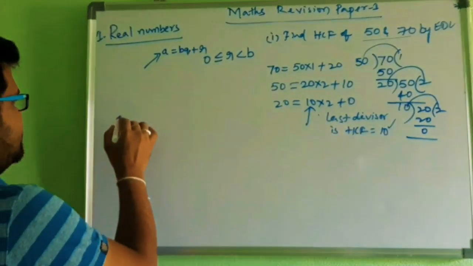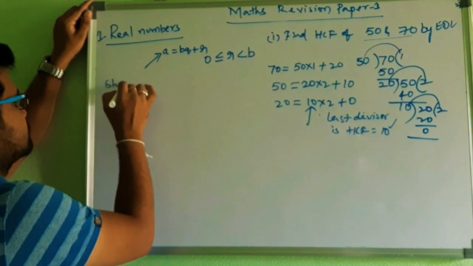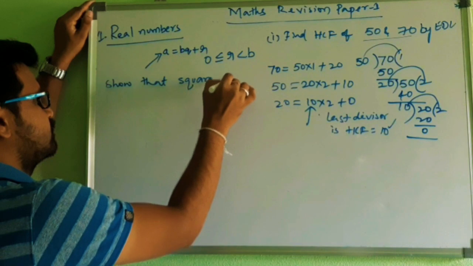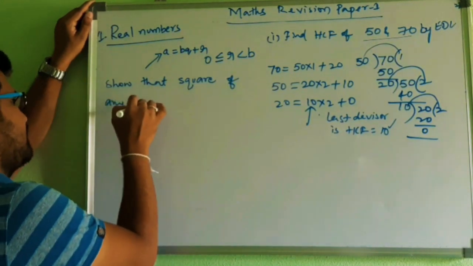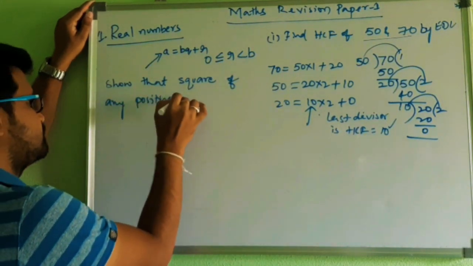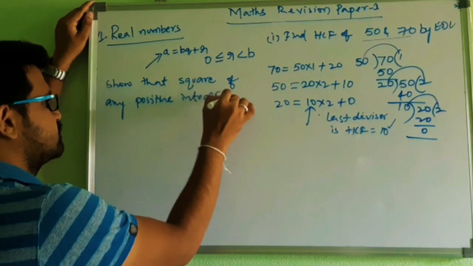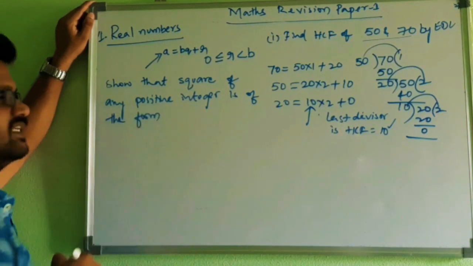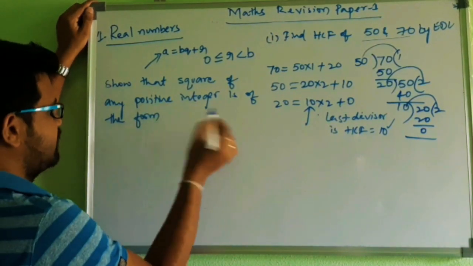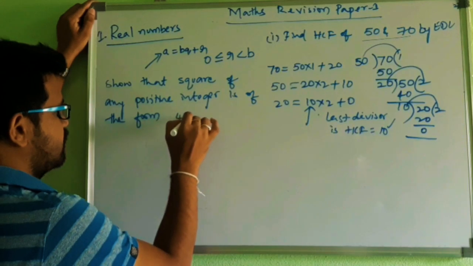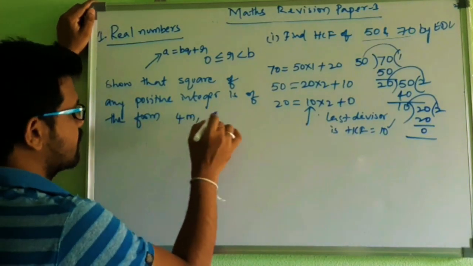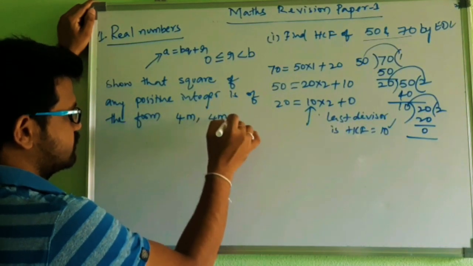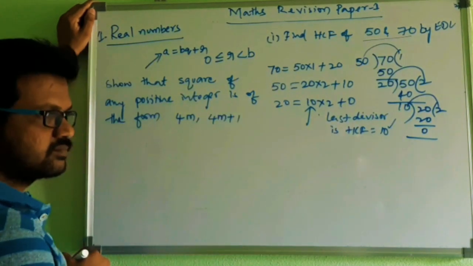How is that? Show that the square of any positive integer is of the form 4m or 4m plus 1. For example, the simple one I am taking: (4q plus 1) whole square, that is 4m plus 1.